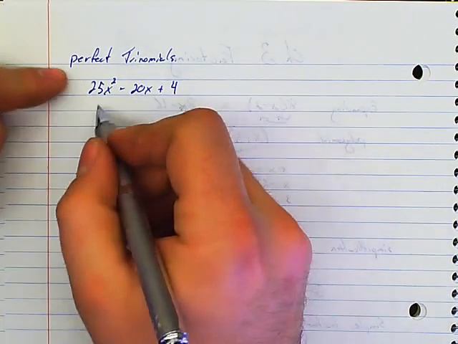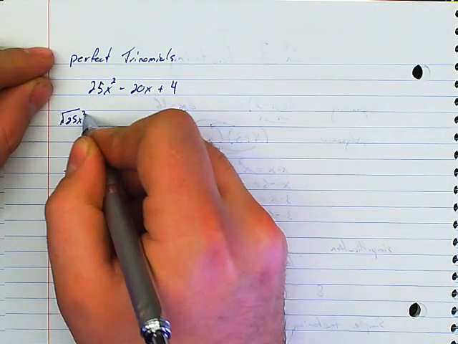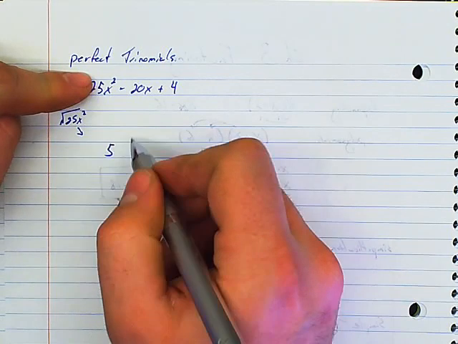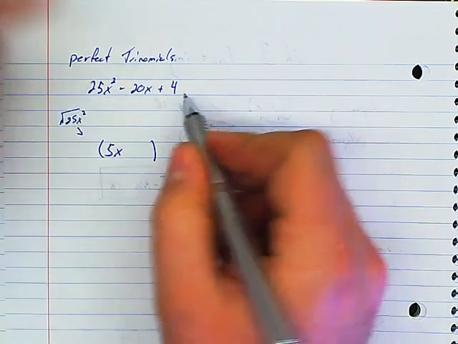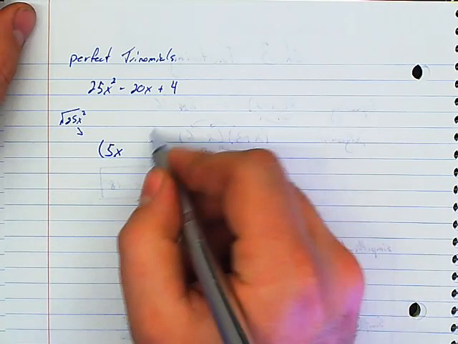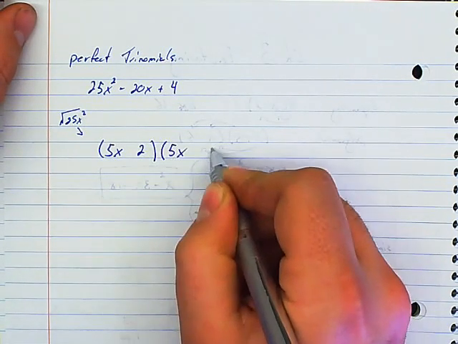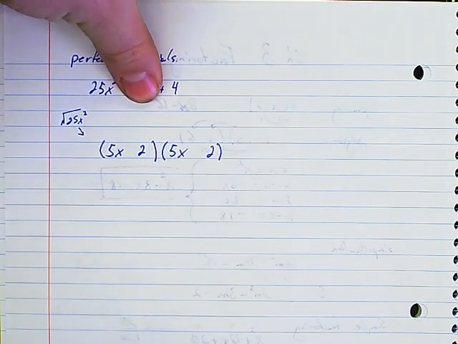We realize that right off the bat, both 25 and 4 are perfect squares. Before you do anything else, you stop and say, oh, hey, it's a perfect square trinomial. You take the square root of the top. So, what's the square root of 25? Turns into 5. What's the square root of x squared? X. Good.